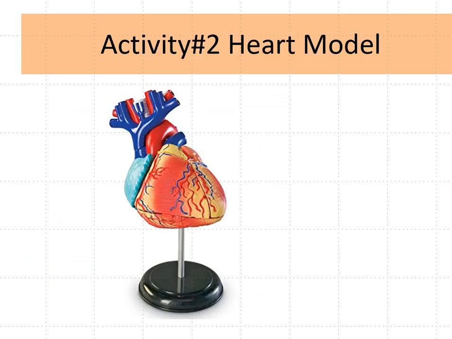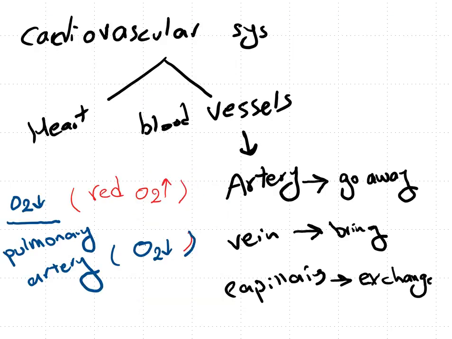The next topic is to study the heart. The cardiovascular system is composed of the heart and blood vessels. The heart is a pump that sends oxygenated blood to the body and also receives deoxygenated blood from all parts of our body.